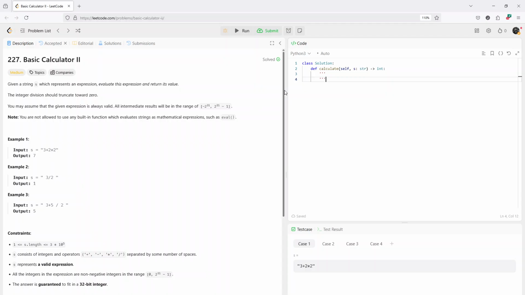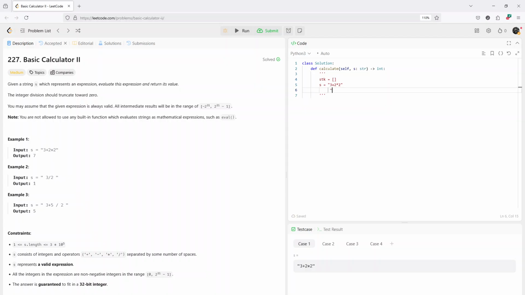Okay, so looking at these examples here, we've got s equals 3 plus 2 times 2. So when we get the 3, what we could do is have a list, let's call it stack.